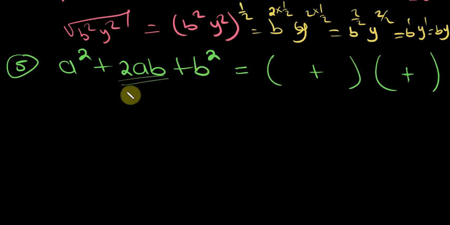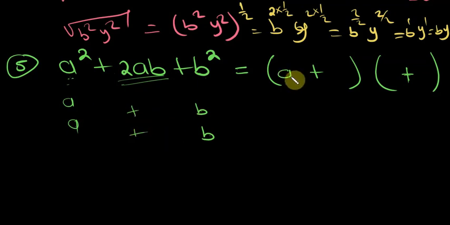So in this case, we look for two numbers that are factors of a squared and b squared, or two letters. So that's just a, and a times a gives you a squared. We have b, and b times b gives you b squared. So this will be a plus b and a plus b.